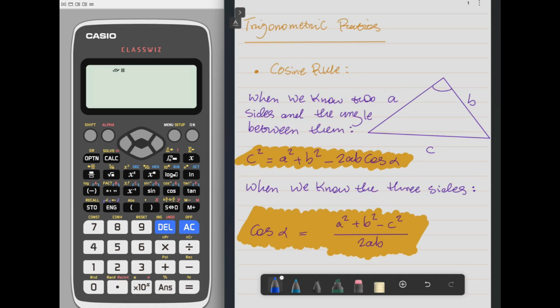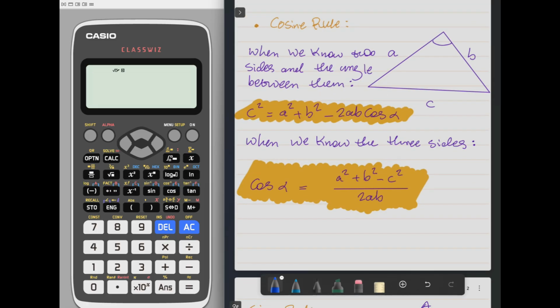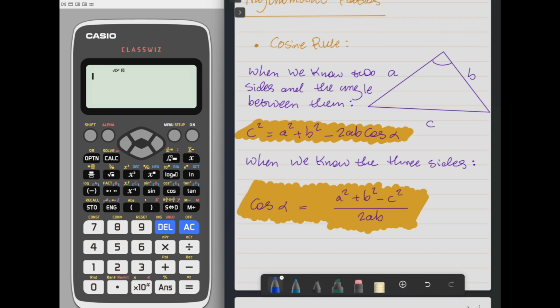And when we know the three sides, we can work out any angle in the triangle. How do we use the rule? We use cosine alpha equal to A squared plus B squared minus C squared over 2AB. That is very important, guys. Let's say this angle is beta and I have all three sides.